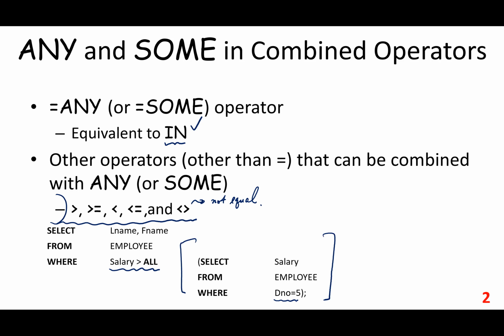That greater than ALL is the same as greater than the maximum salary in department 5, right? So you can write it in a different way, the maximum. So that's the example.